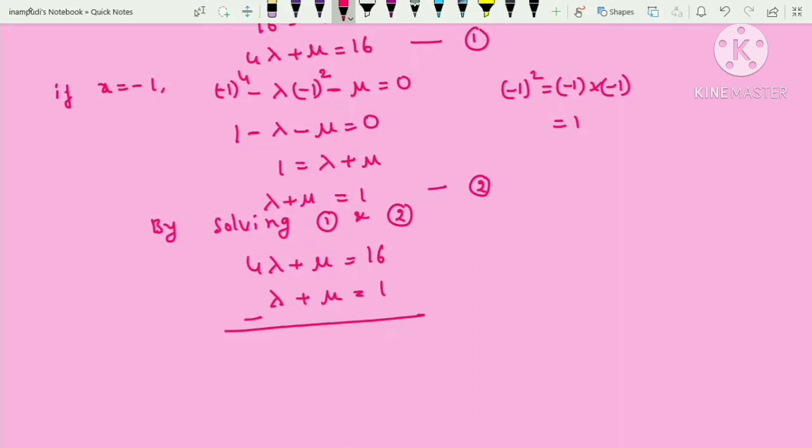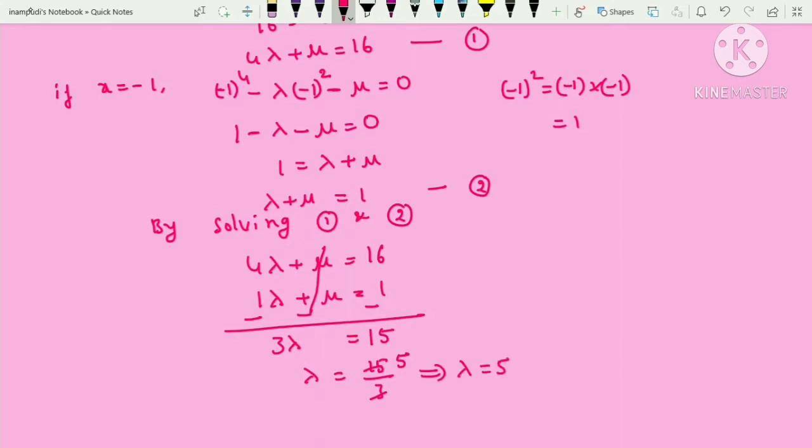Signs are changed, so μ and minus μ cancel. 4λ - λ = 3λ, and 16 - 1 = 15. λ = 15/3, so λ = 5.